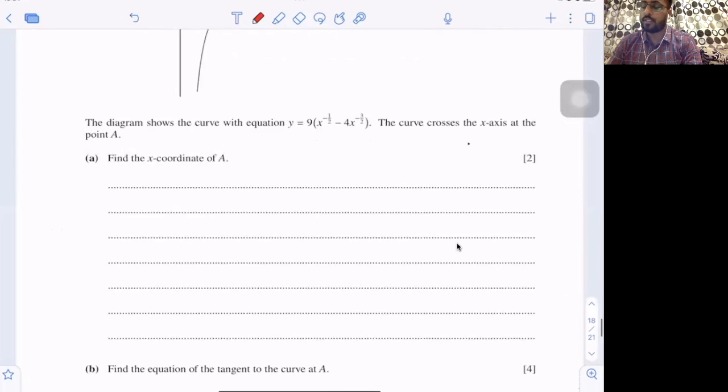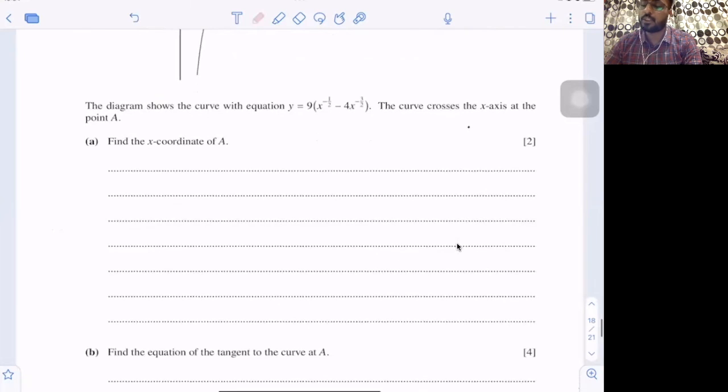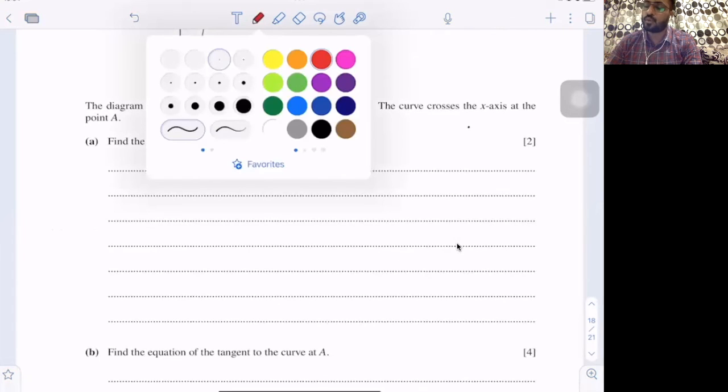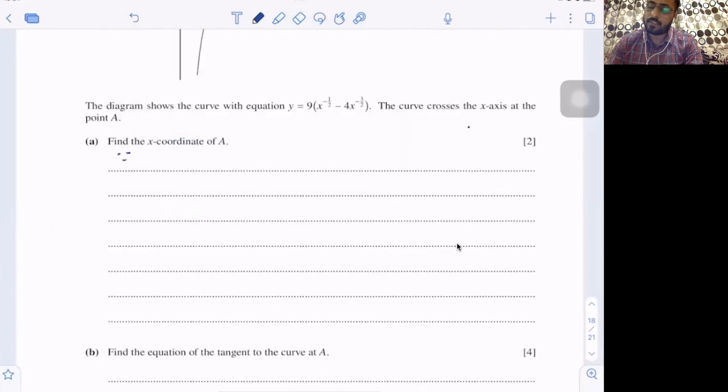So I go to the equation of the curve and I simply substitute y as 0. I can write here, since point A is on the x-axis, its y coordinate is equal to 0.